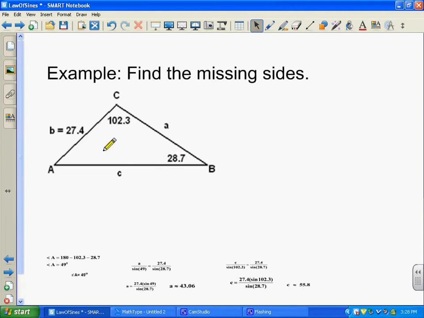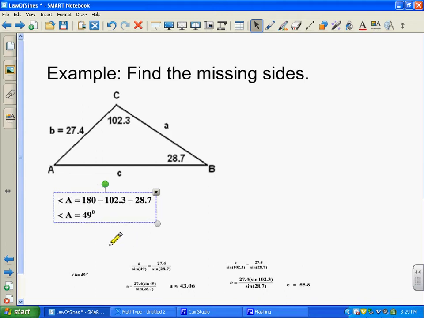We're going to use this to support our law of sines. Since we have two angles here, we know right away that the third angle we get by subtracting from 180. So now we know that angle A has to be 49 degrees, and we'll put that right in there.